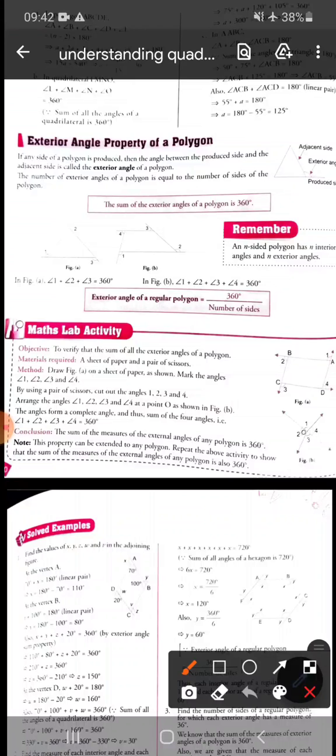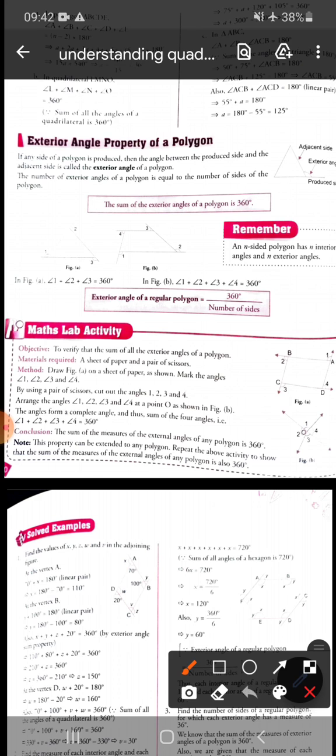Now if you want to find the number of sides of that regular polygon, then you will be given one exterior angle of the regular polygon, right?